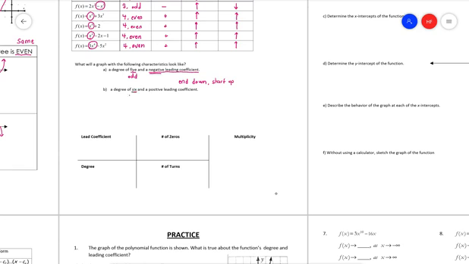Degree of 6 is even and positive lead coefficient. Positive would mean it would end up. Even would mean it would start the same way, so it would start up.